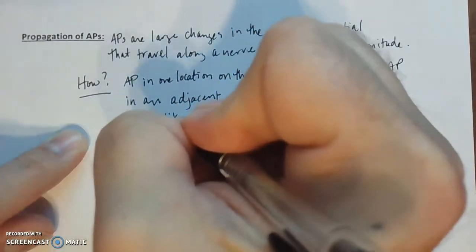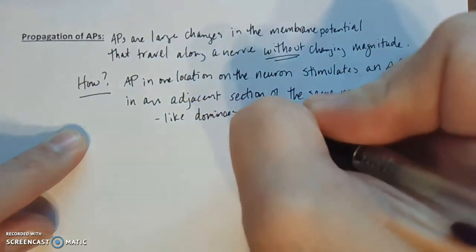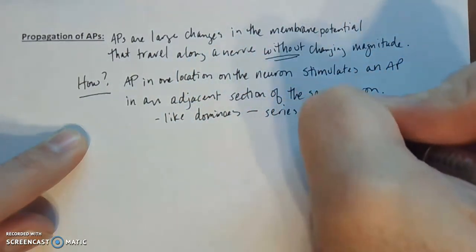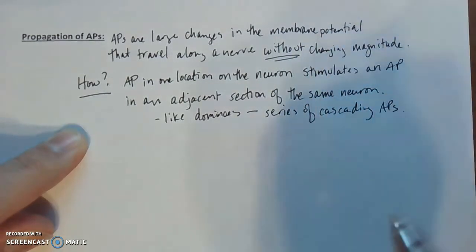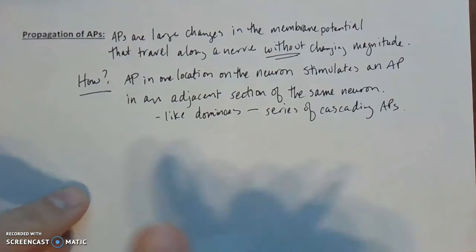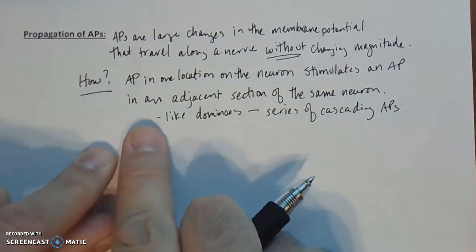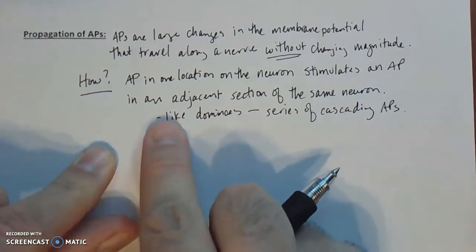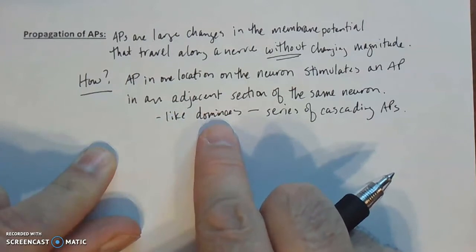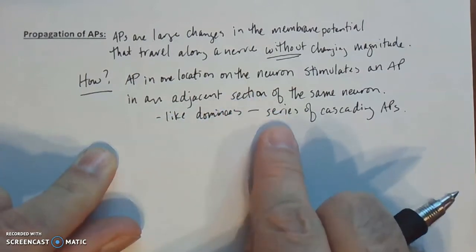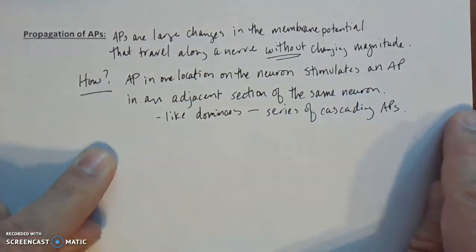So it's almost like dominoes. It's a series of cascading action potentials. So an action potential in this part of the neuron, because we have that influx of sodium and an outflux of potassium, triggers an adjacent area to open the gates, which triggers another adjacent one, so it just cascades down an action potential.